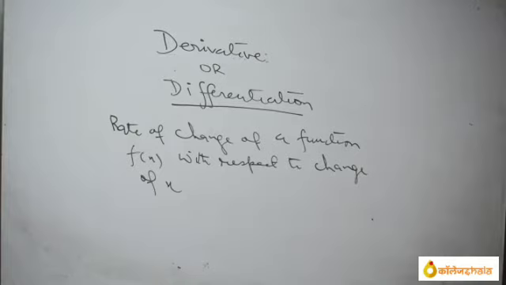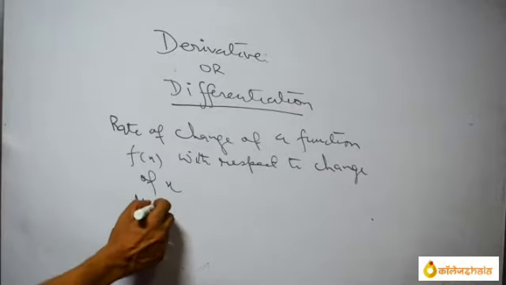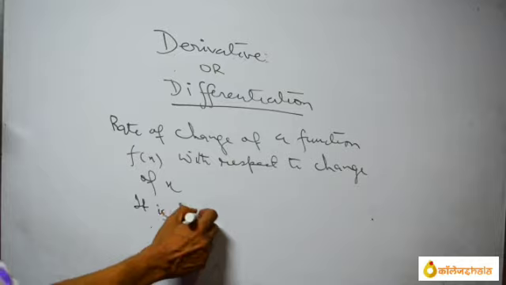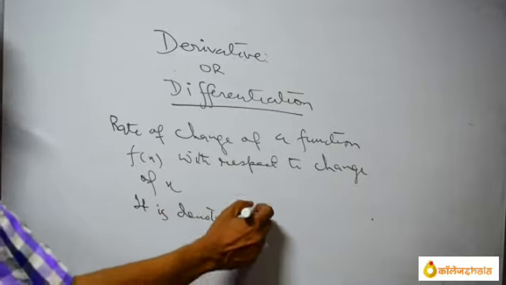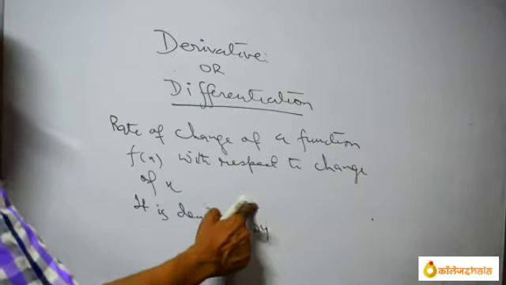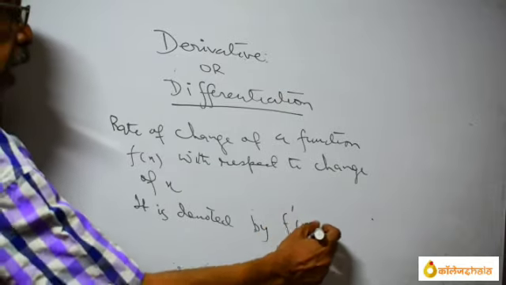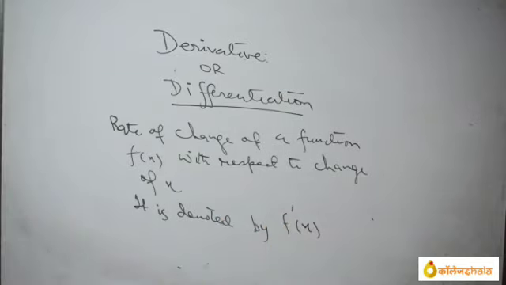Here the rate of change of f(x) with respect to x is denoted by f dash x. When we notice any dash over the function, we understand that it means the change of f(x) due to change of the value x.